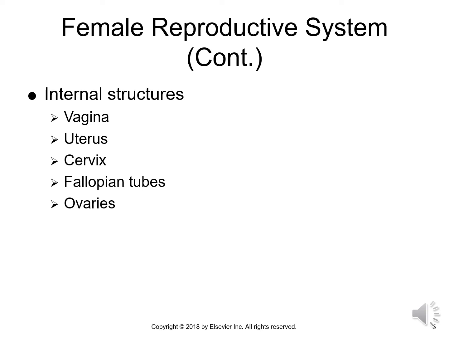The uterus serves as reception, implantation, retention, and nutrition of the fertilized ovum, and later the fetus during pregnancy, and then for expulsion of the fetus during childbirth. The uterus is responsible for your cyclic menstruation. Most people think it has to do with hormones, but it is actually the uterus that is responsible for that.